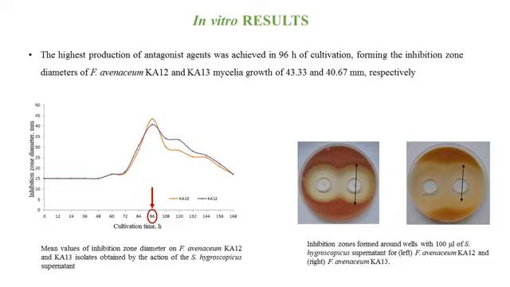However, the highest production of antagonistic agent is achieved in 96-hour cultivation. At this time, Streptomyces hygroscopicus supernatant formed inhibition zone diameters for Fusarium avenaceum Ka12 and Ka13 of 43.33 and 40.67 millimeters respectively. This is represented in the picture on the right side of this slide.